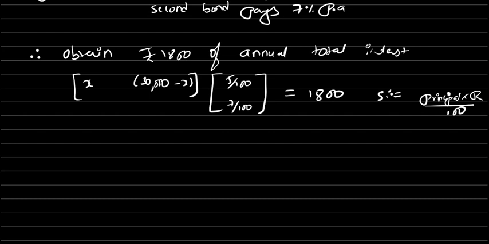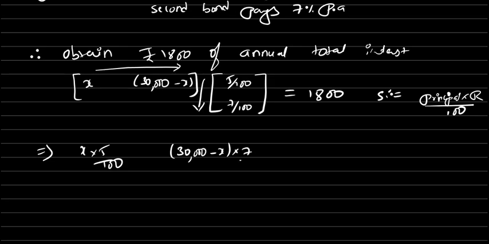We know that the row will be multiplied with the column. We have only one row and one column, so we get x into 5 by 100 plus 30,000 minus x into 7 by 100.